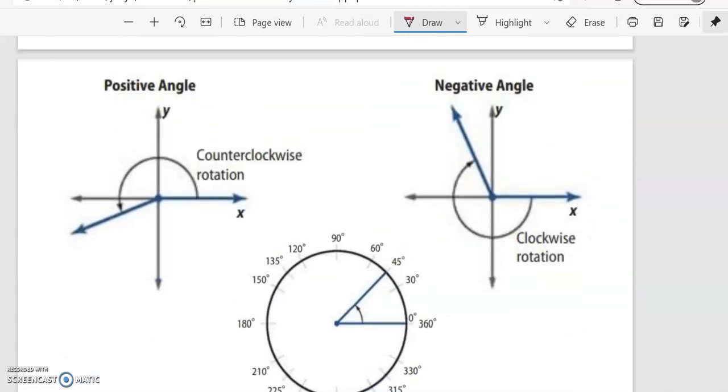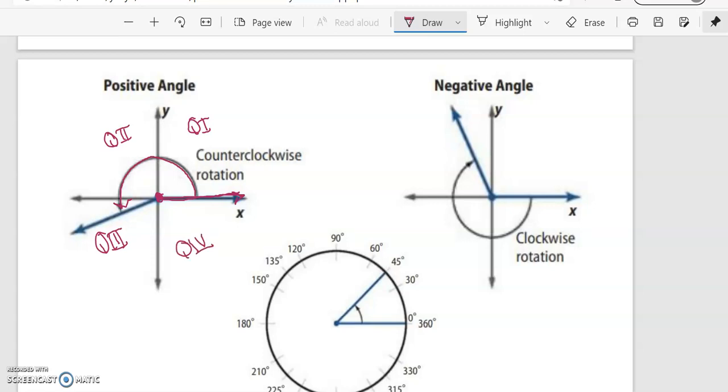All right, so let's talk about the concept of positive angles and negative angles. A positive angle is an angle that starts from the positive x-axis and then travels along the quadrants, so it travels along quadrant 1, in order, quadrant 2, then quadrant 3, quadrant 4.